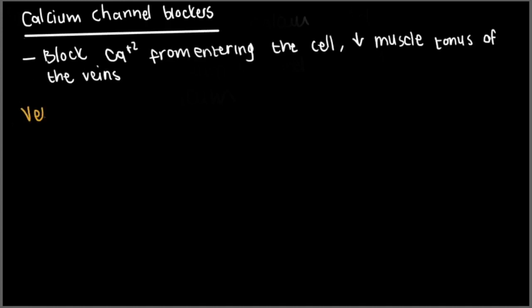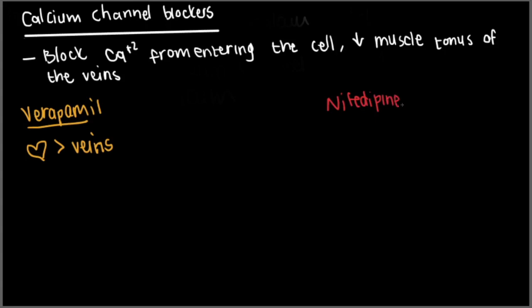If we look at verapamil, it's important to note that it has more effects on the heart and less on the veins. So it is a weaker vasodilator. In contrast to nifedipine, which has a greater effect on the peripheral veins than on the heart.